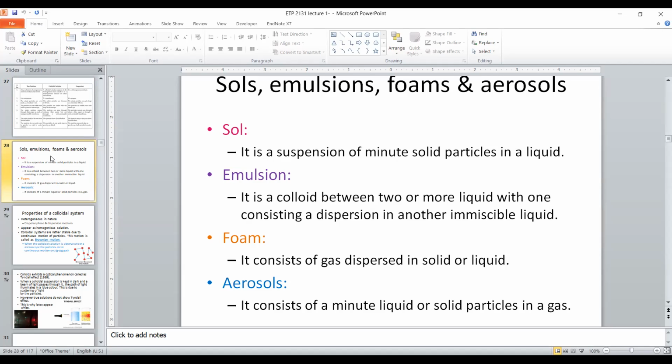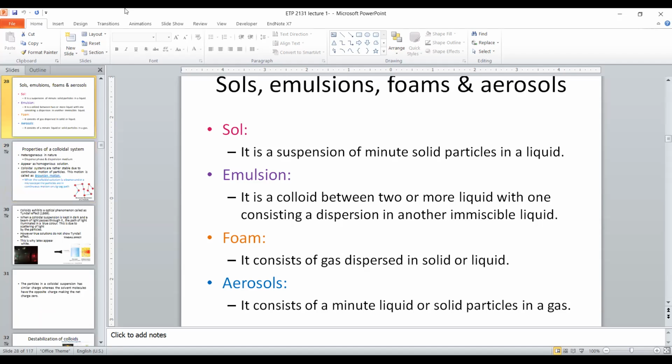Dispersing medium is the major component, or usually what you call the solvent. Now, in the sol, a suspension of very small particles, minute solid particles, in another liquid, you call it a sol.